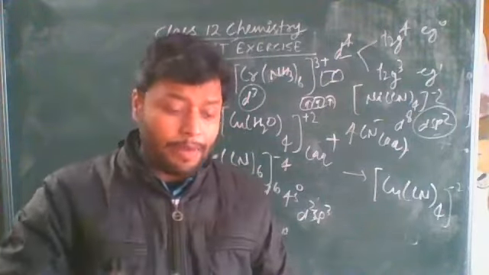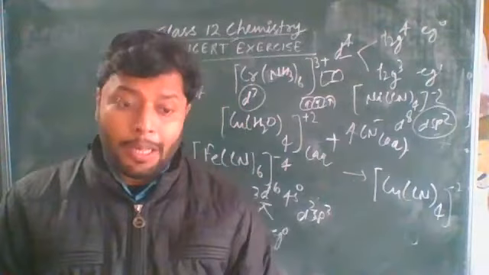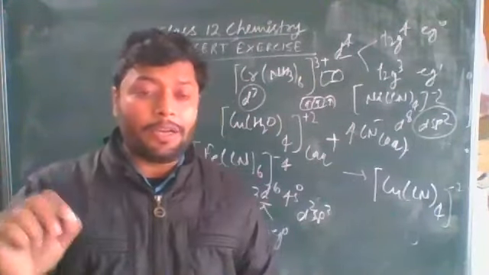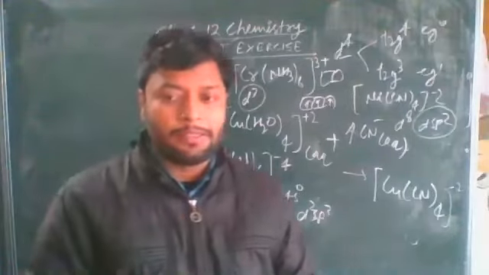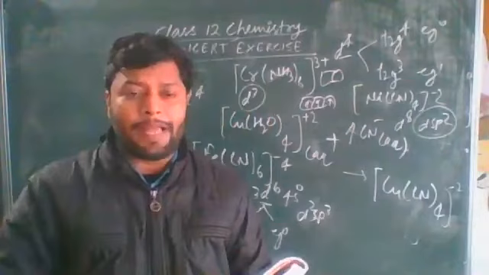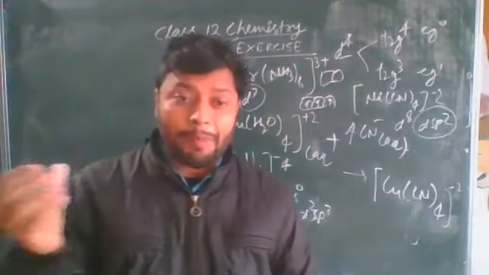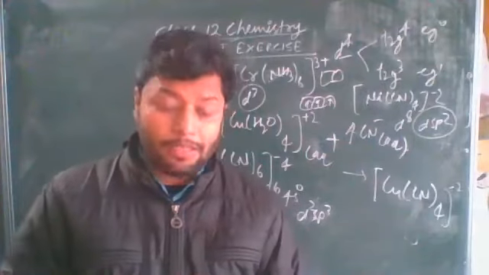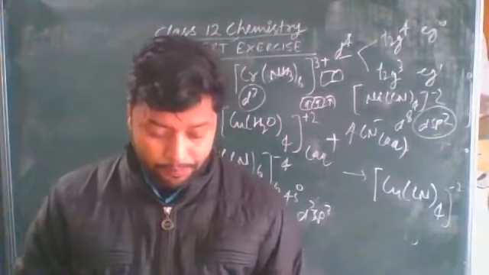So the complementary color will be green. But in the case of Ni(CN)4 2-, there is no unpaired electron present. All electrons are paired. There is no excitation during the passing of light through the solution. So the complex will remain colorless.